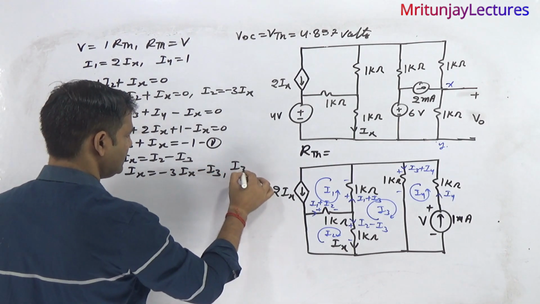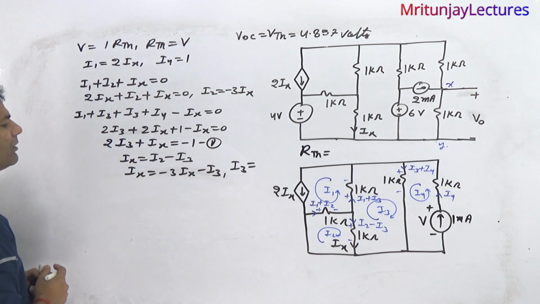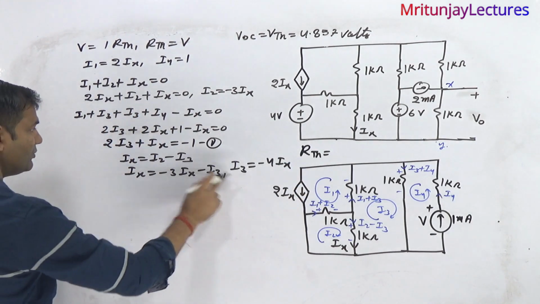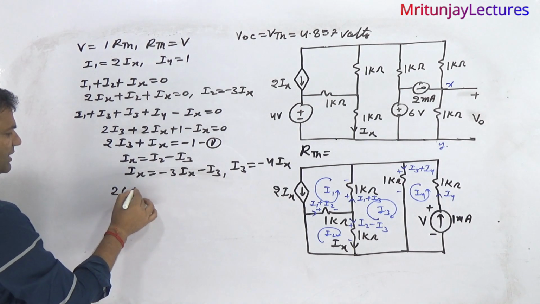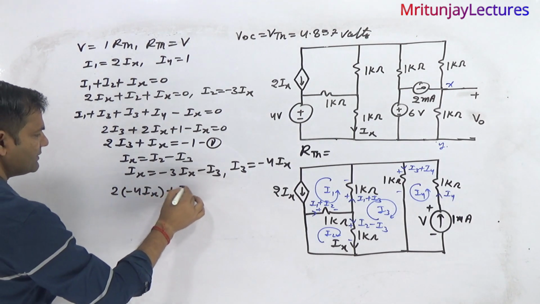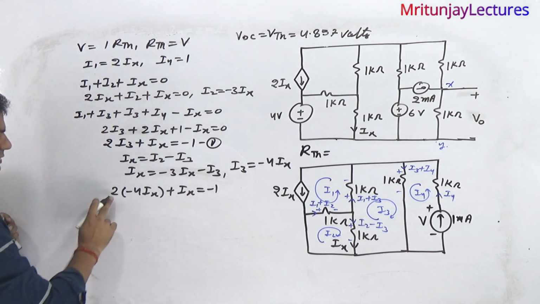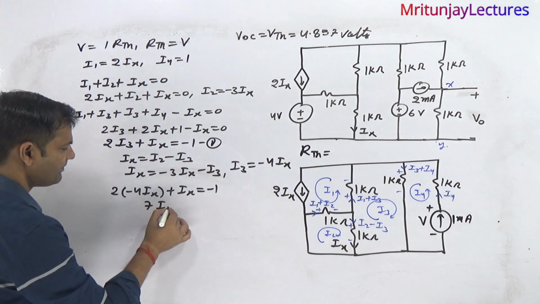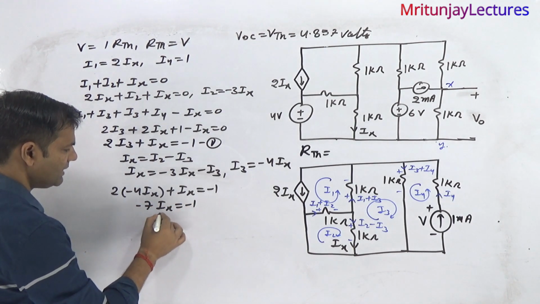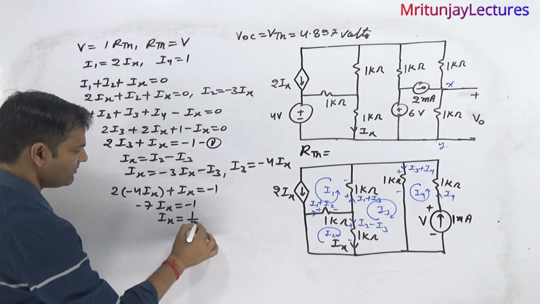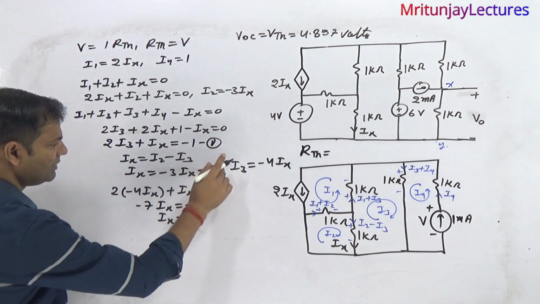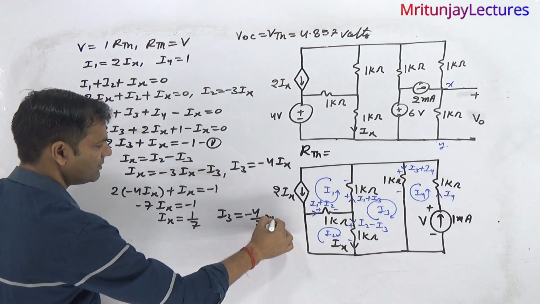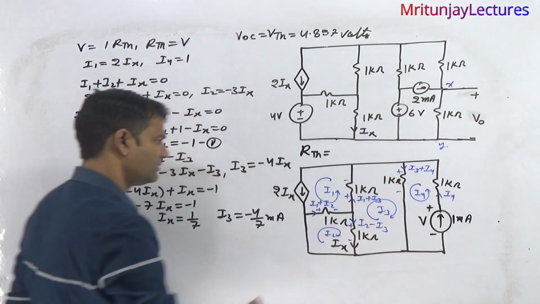So I3 is written as minus 4Ix. If this value is put here, then we get 2 into minus 4Ix plus Ix equal to minus 1. So minus 8 plus 1, that is minus 7Ix. So Ix is 1 by 7. If this value is put here, then I3 is minus 4 by 7 milliampere.